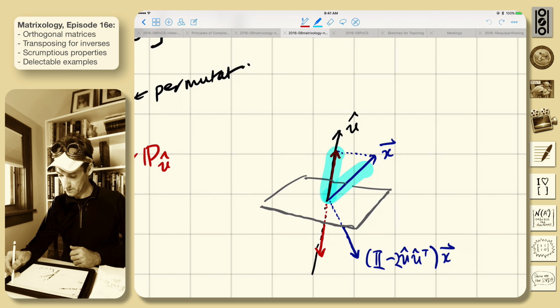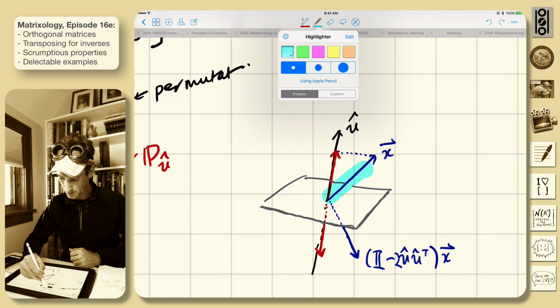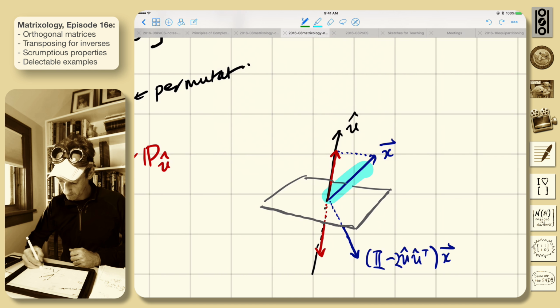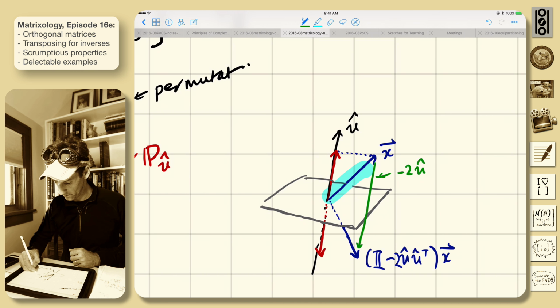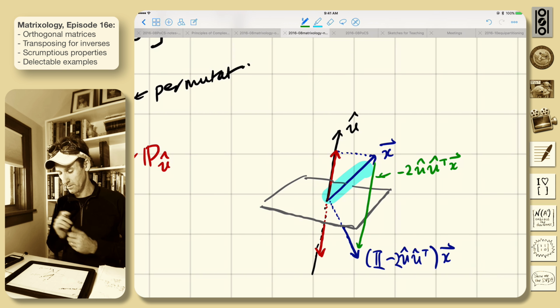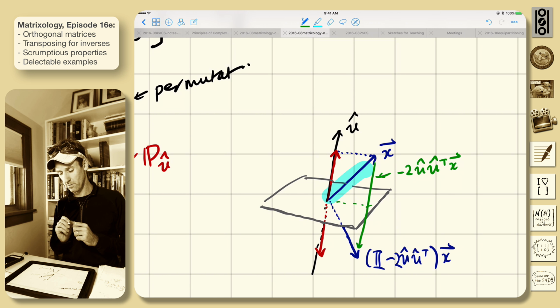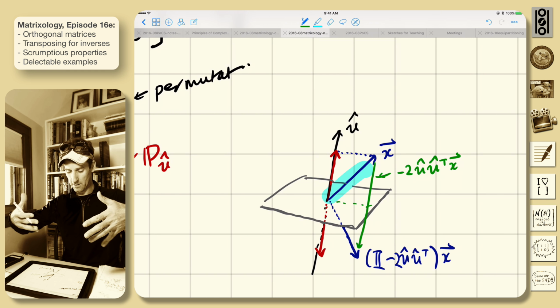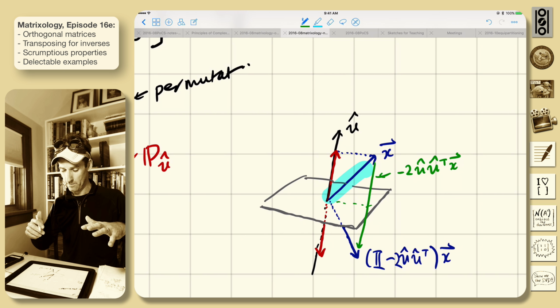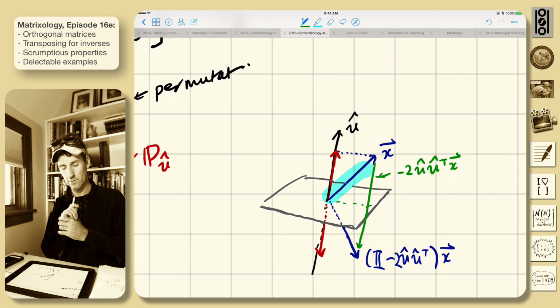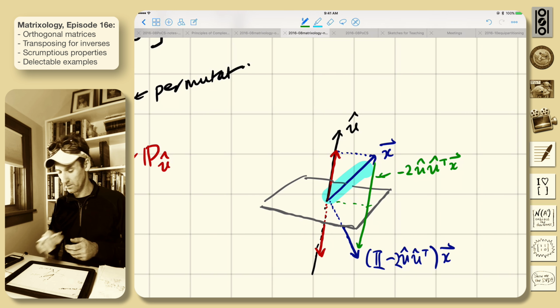So this vector here is minus 2u, the projection of x onto the u direction. We're subtracting it, gets it back to 0, and then we flip it out there. So it's a mirror image with respect to that direction. That has the same kind of property.